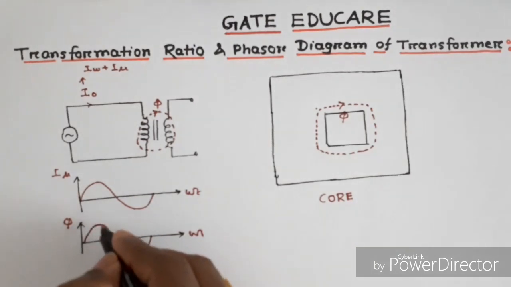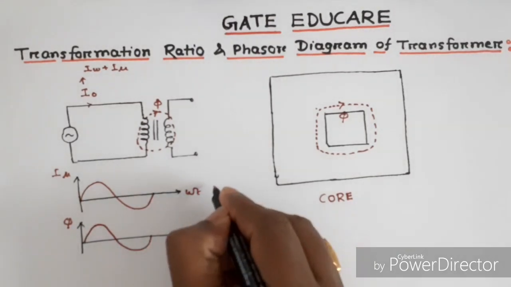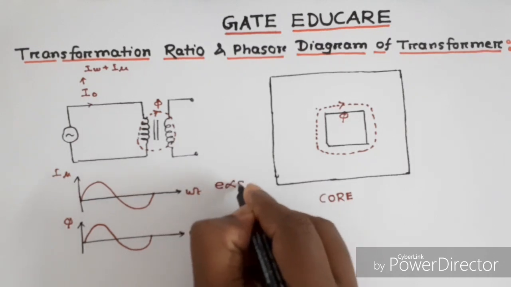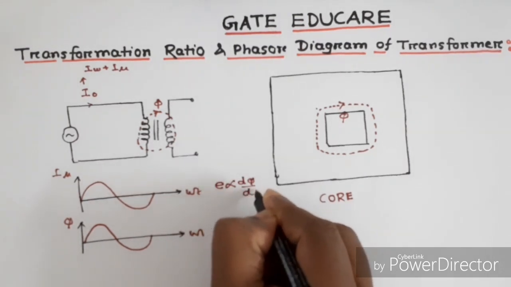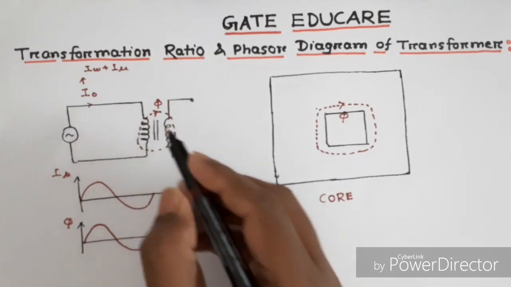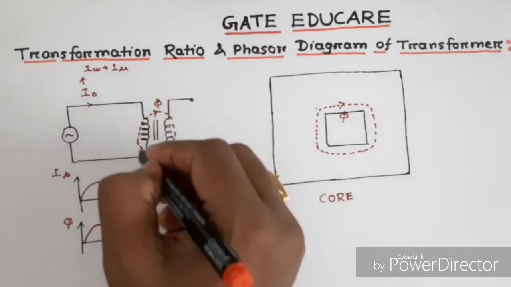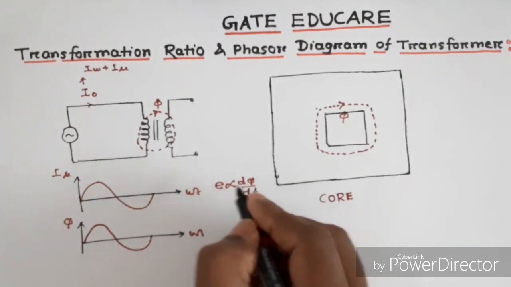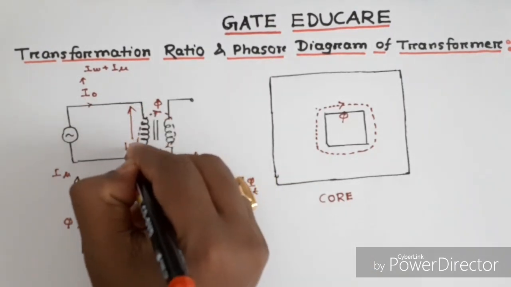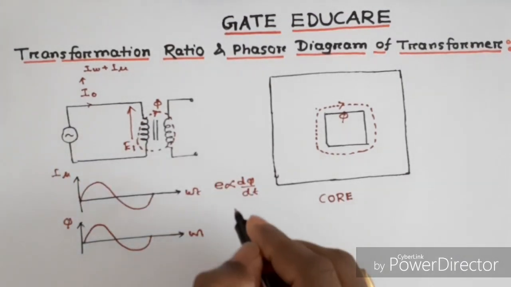Since the flux is alternating, according to Faraday's law of electromagnetic induction, E is proportional to d phi by dt. The primary winding feels that the flux inside the winding changes with time, then an EMF E1 will be induced in the primary winding.